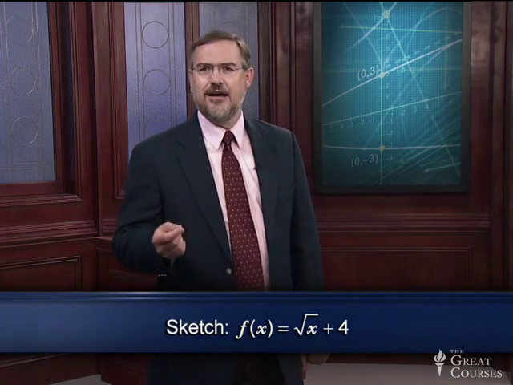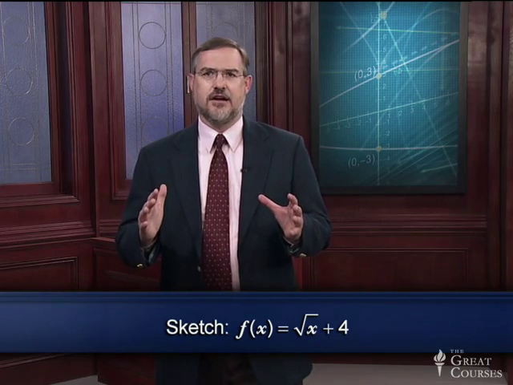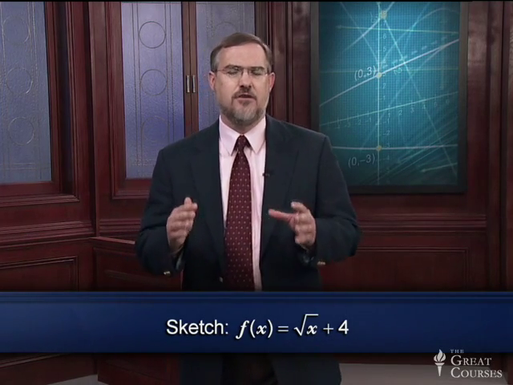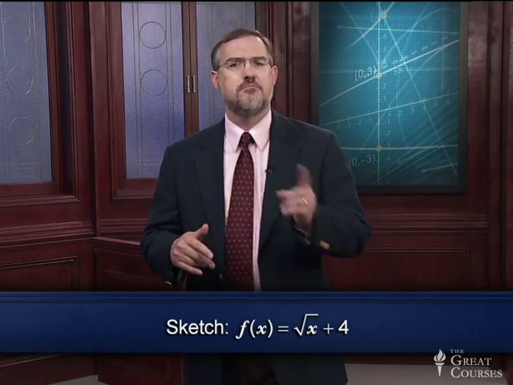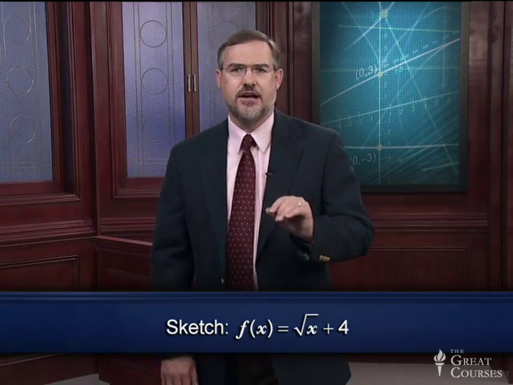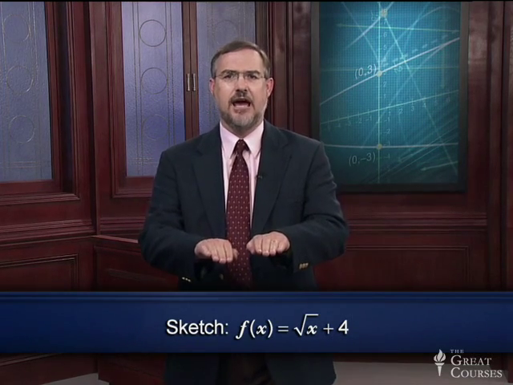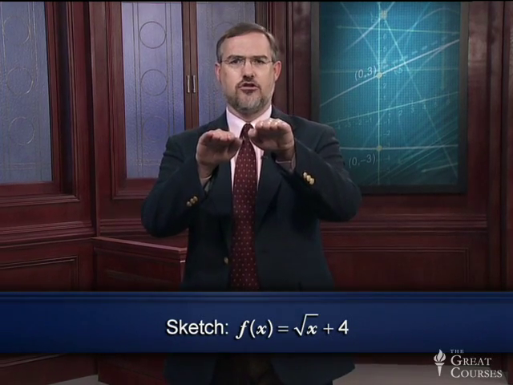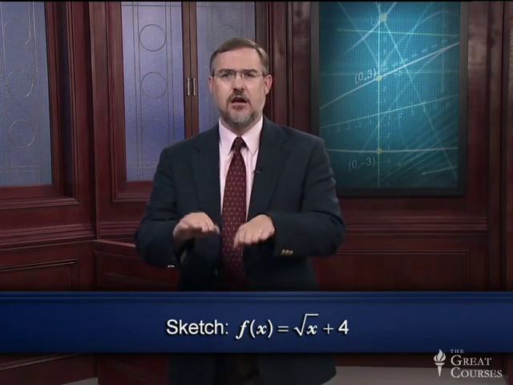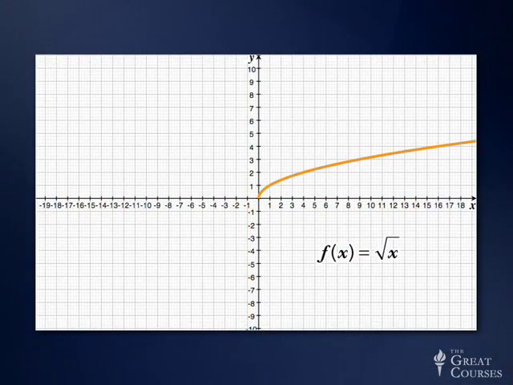And when you add a number like 4 to a function like square root of x, it means that the graph of square root of x plus 4 is identical to the graph of square root of x, except we take that original graph of square root of x and we move it up 4 units. Not left or right, we actually shift it upwards by 4 units. So, the graph of the square root of x started at the origin and moved up to the right.